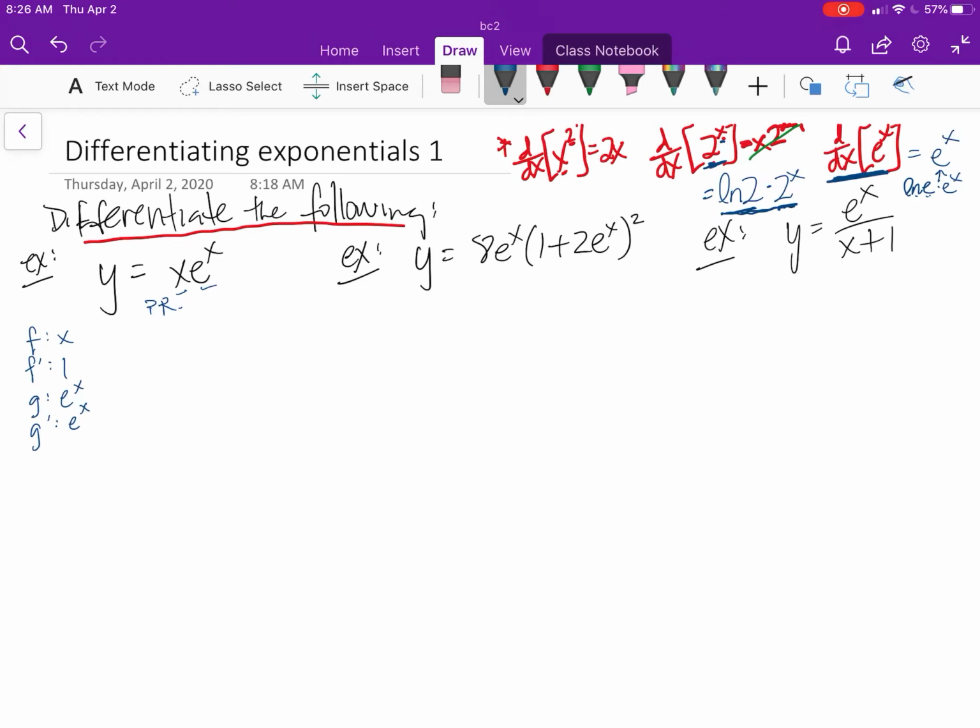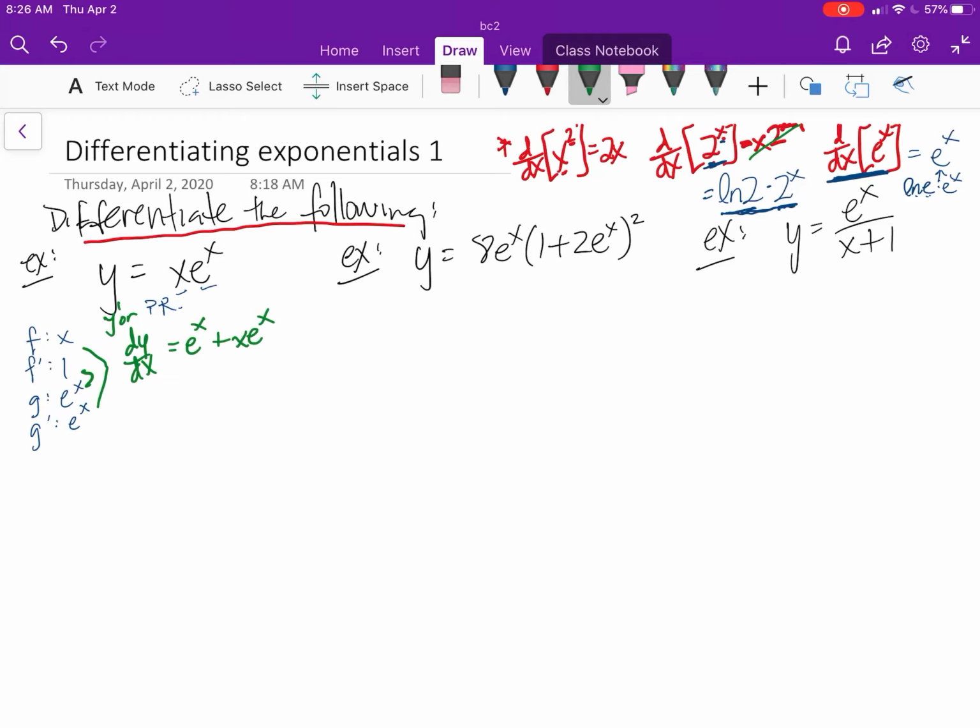So the derivative, either write dy dx or y prime, same thing, derivative, is f prime g, so f prime g, 1 times e to the x, plus f g prime, x e to the x. Okay.